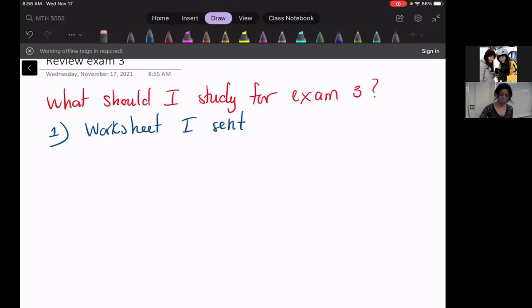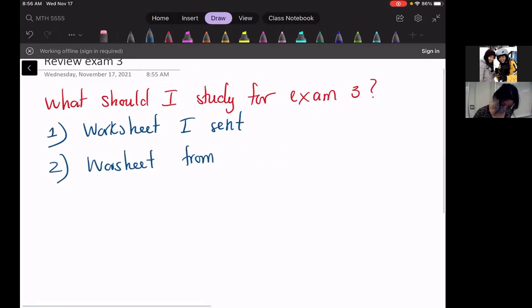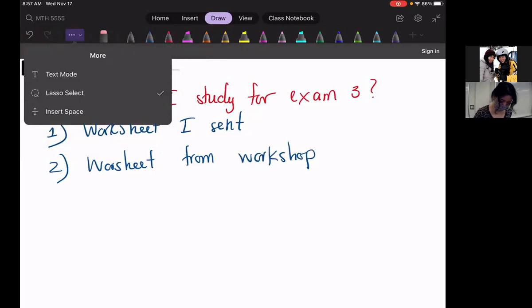The worksheet from workshop, from today's workshop.